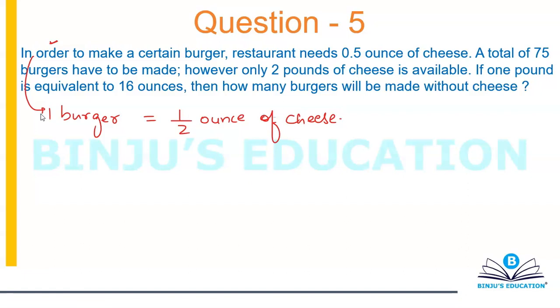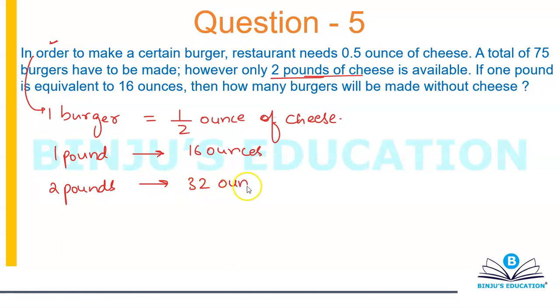A total of 75 burgers have to be made. However, only 2 pounds of cheese is available. If 1 pound is equivalent to 16 ounces, and we have a total of 2 pounds of cheese, so 2 pounds will be equal to 32 ounces.